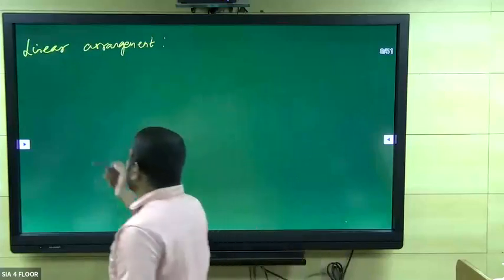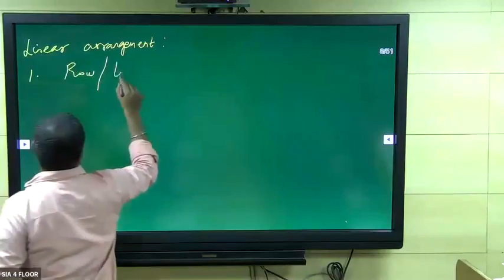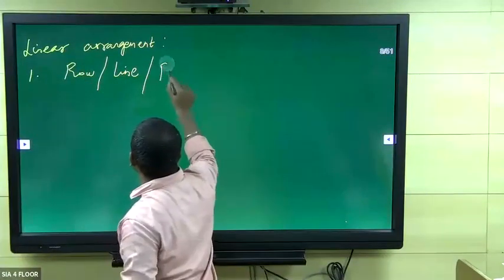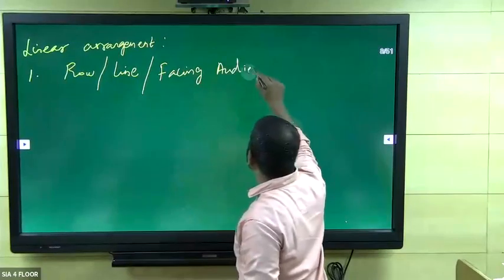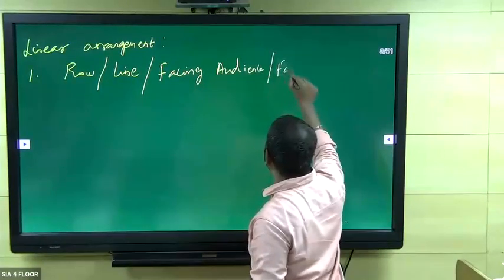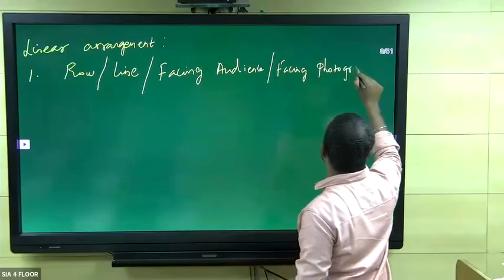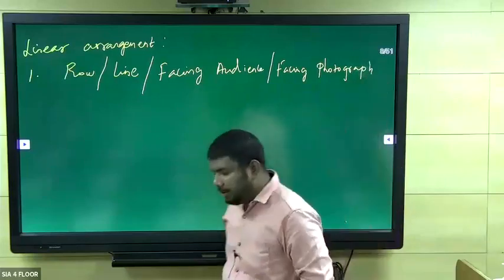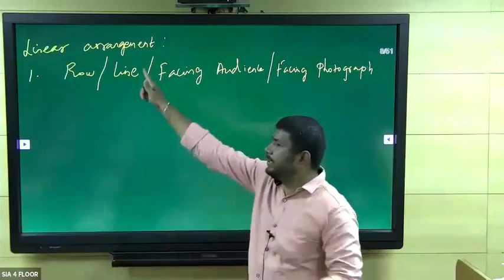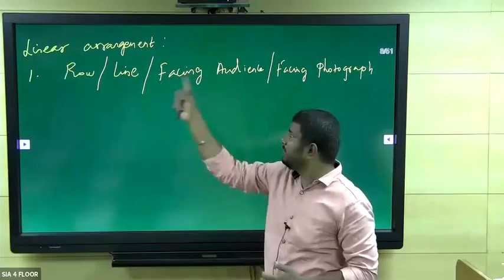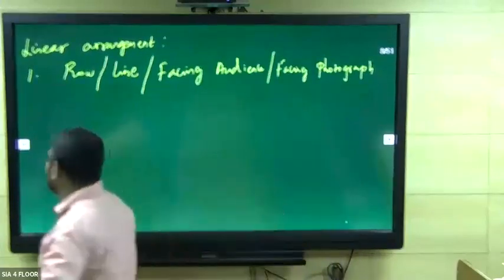Like that here: row, line, facing audience, facing photograph. So we need to identify the linear arrangement based on these words. They will mention any one of these words in a given arrangement: row, line, facing audience, or facing photograph.